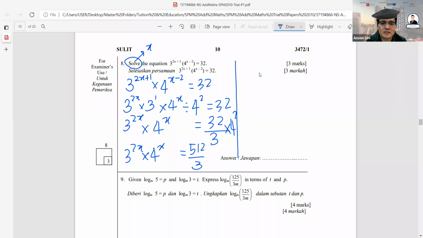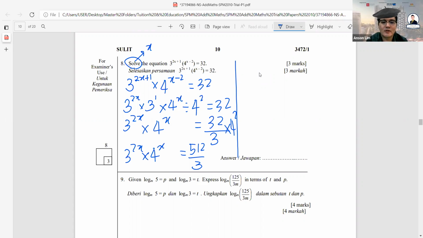So what should I do? Should I use log on both sides? Because 3 and 4 can't be turned into the same base or same index. So what is the next step?